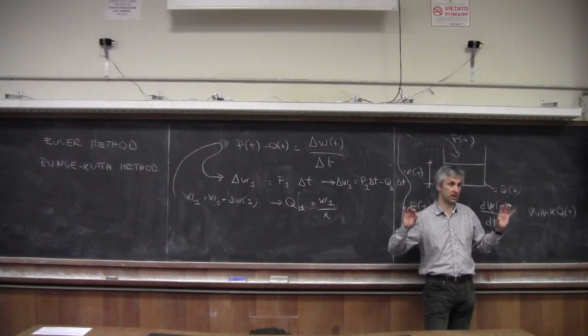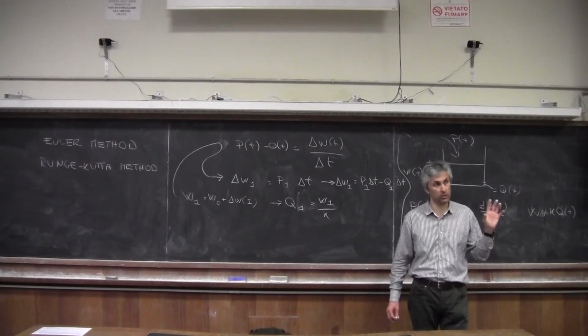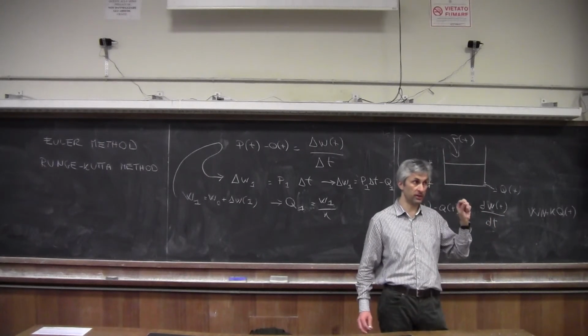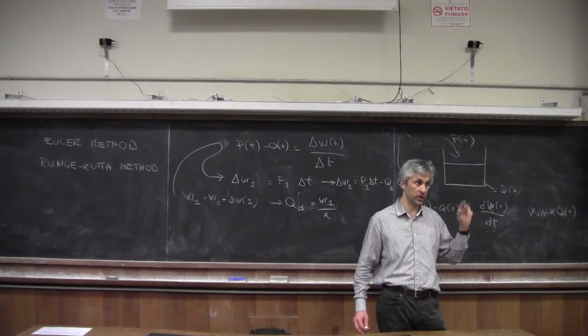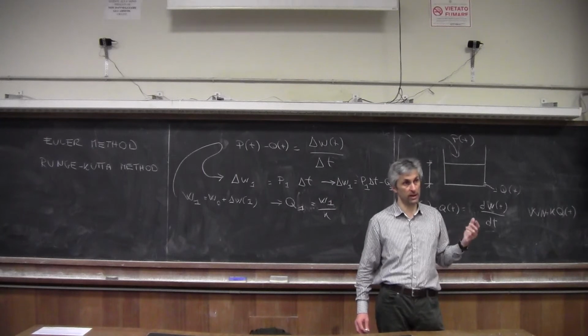If you took some subject of hydraulics or fluid mechanics in your career and you dealt with the Saint-Venant equation for open channel flow, and you dealt with the numerical integration of the Saint-Venant equation, you got familiar with the Courant condition, with the Courant number.